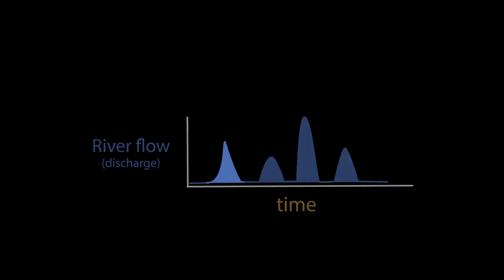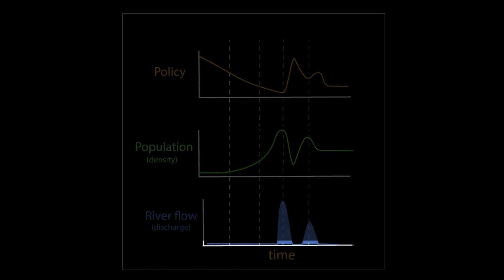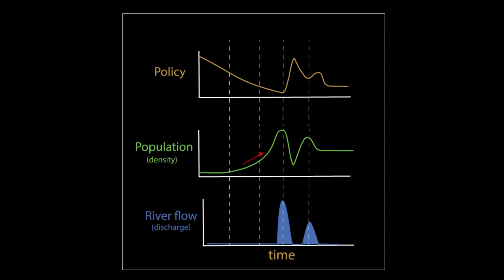Floods vary in their magnitude and also vary in frequency, so those decreases in population density in the floodplain may decrease more if floods are large, and floodplain communities have experienced a number of them.